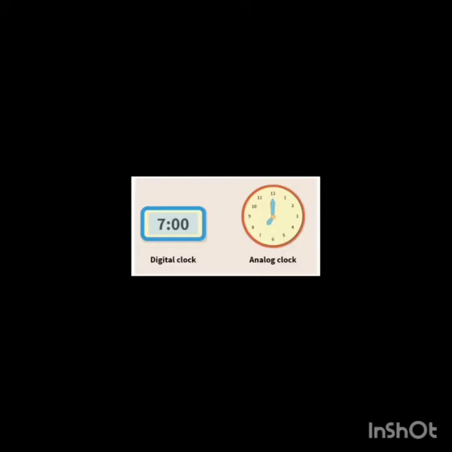You all know how to read time in a digital clock. In the given picture, you can see a digital clock on the left hand side and an analog clock on the right hand side. Let's learn how to read time in an analog clock.